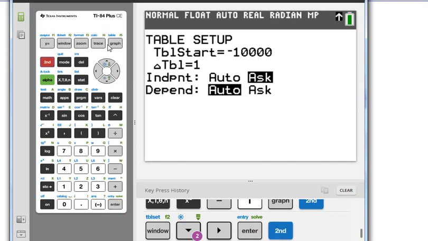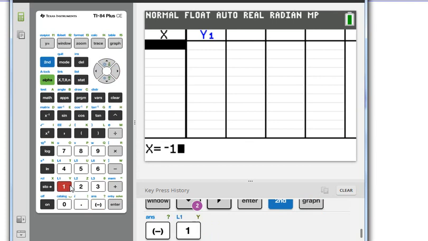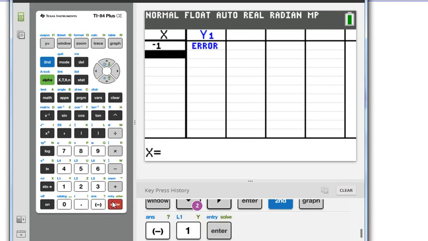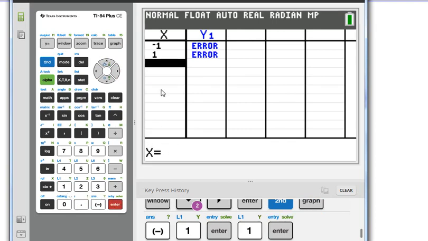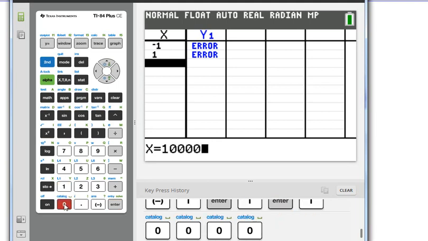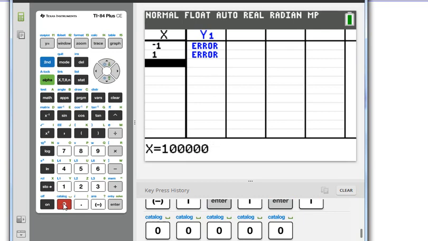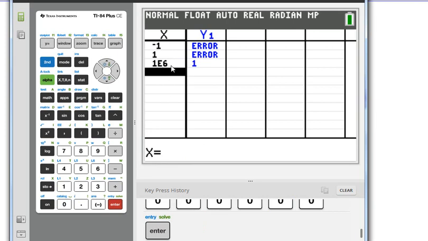So we go here, we press at -1, we should get an error. At 1, we should get an error. So those would be x equals -1, x equals 1. And if we put in a real large number, we should get 1. So if we put in 1,000,000, enter here, we get 1.